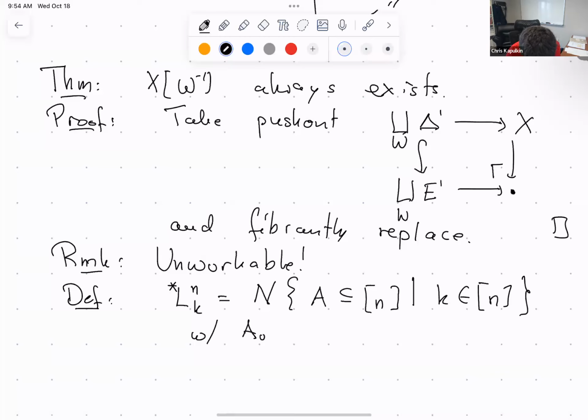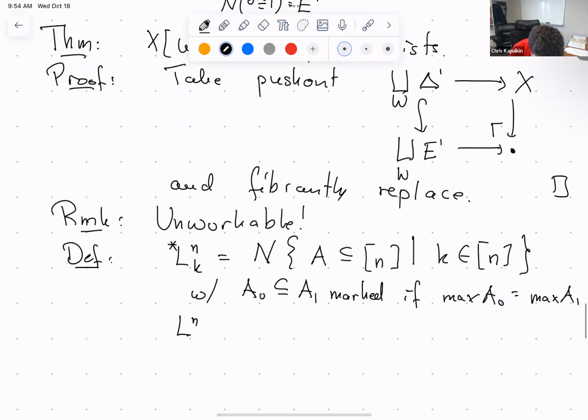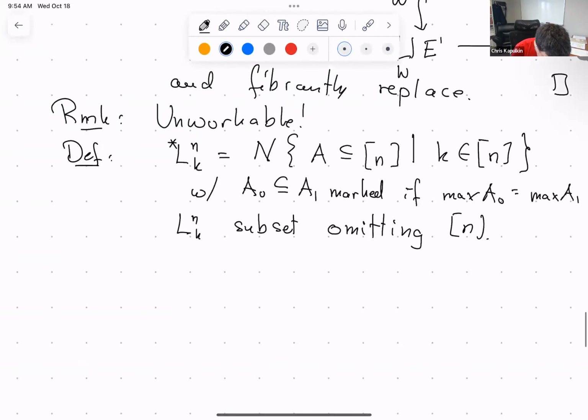I'm going to mark an inclusion whenever the maximum of A0 is equal to the maximum of A1. Then I'll define L and K to be a simplicial subset of this, omitting the top element n.